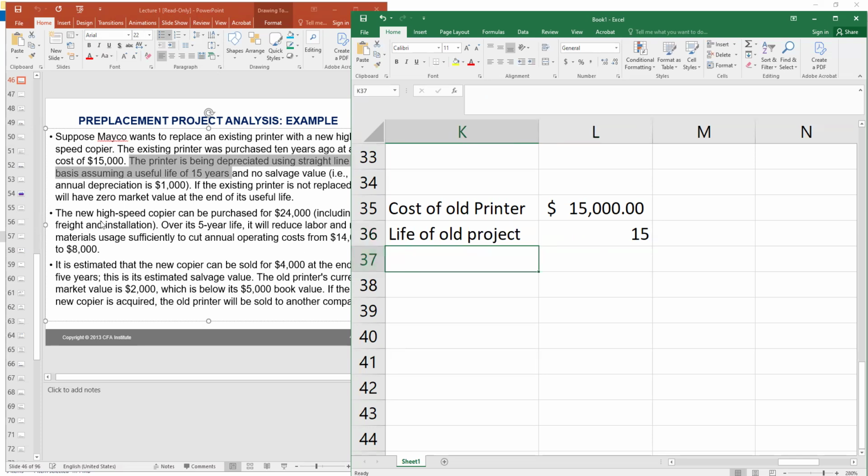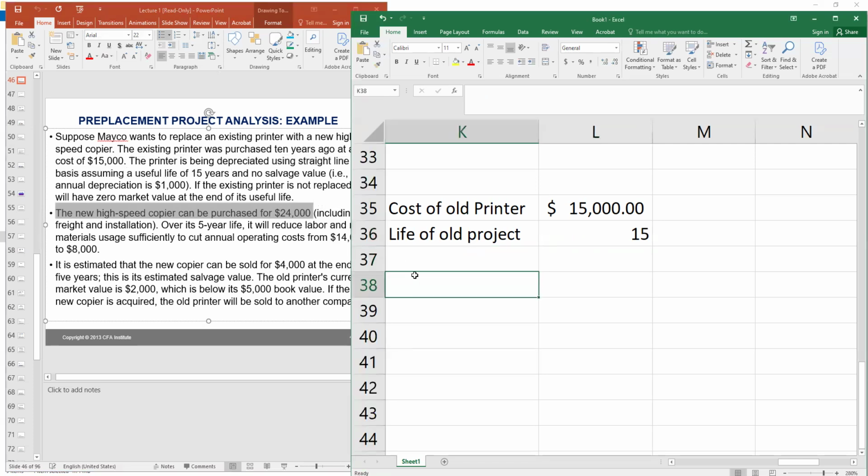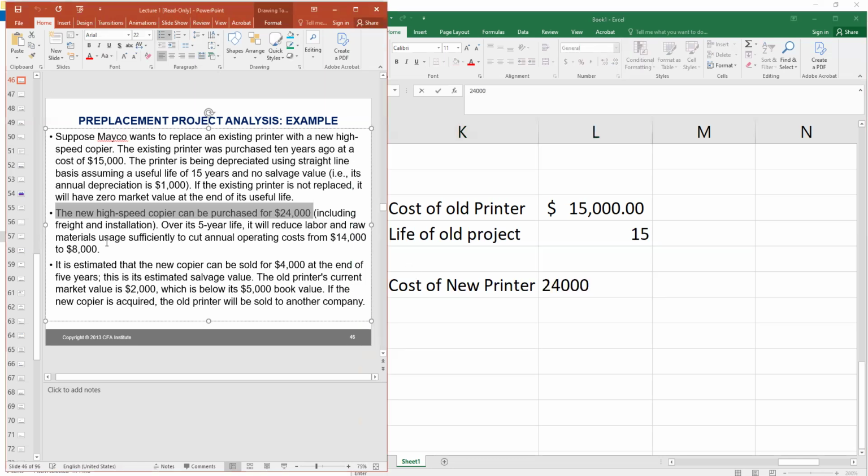Okay. If the existing printer is not replaced, it will have zero market value at the end of the useful life. Okay. The new high-speed copier can be purchased for 24,000. Okay. Cost of new printer or copier is 24,000, including both freight and installation.